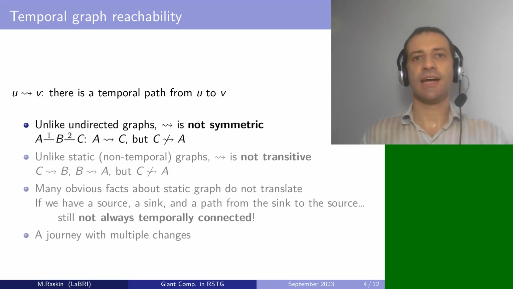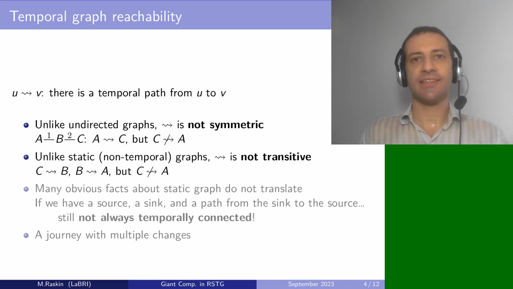For example, unlike the reachability in undirected graphs, and we don't have directions on our temporal edges, temporal reachability is not symmetric. So, for example, if we have 3 vertices and 2 edges, AB and BC, and AB is available only at time 1 and BC is available only at time 2, then we can reach C from A, but we cannot reach A from C.